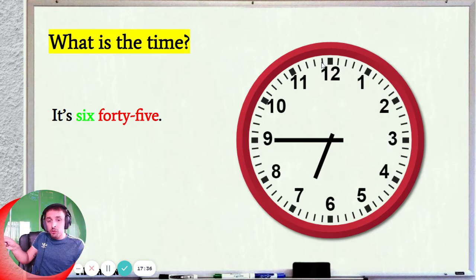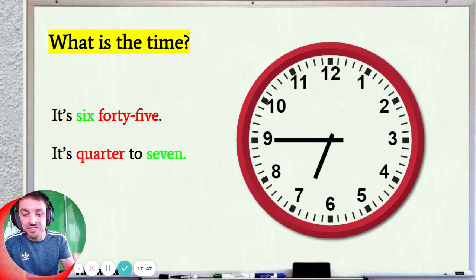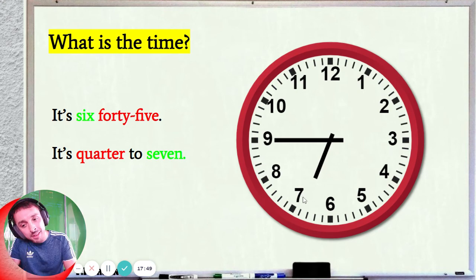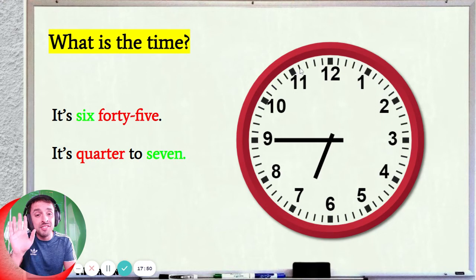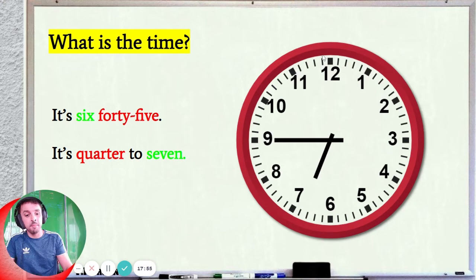Now we are quarter to. What's the next hour? A quarter to 7. That's right. So we're coming to 7 in 15 minutes. So it is quarter to 7.